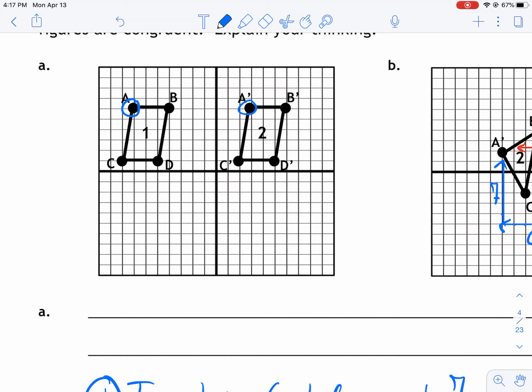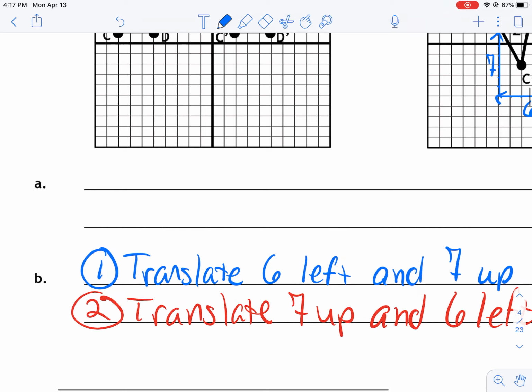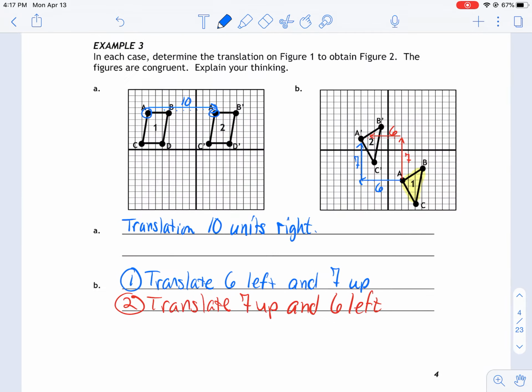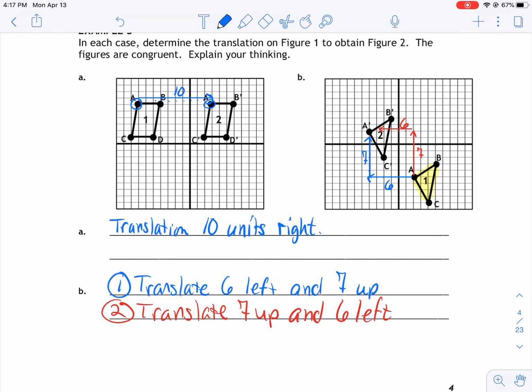So all I have to do is figure out the translation for one of them, and we've got it for all 4 of them. So if I just count from A to A prime, it's definitely a translation going to the right. 1, 2, 3, 4, 5, 6, 7, 8, 9, 10. So it's going to be a translation 10 units to the right. Okay, so that would be example 3.